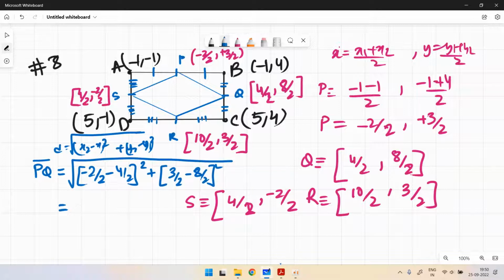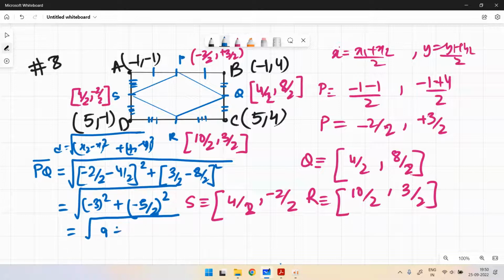I calculate that this is -6/2, which is -3, squared, plus (3 - 8)/2, which is -5/2. The result is (9 + 25/4), which equals 61/4, the whole under root.